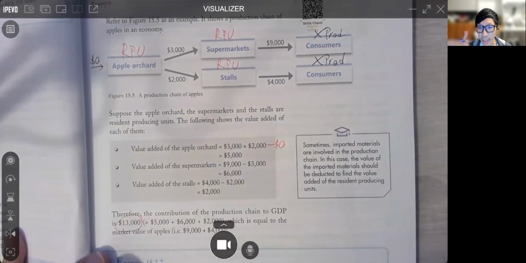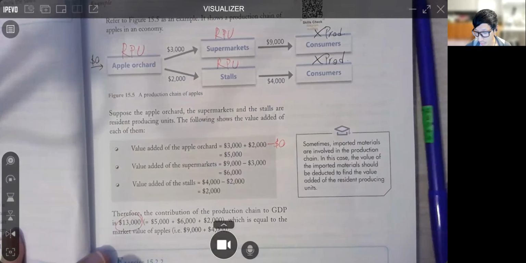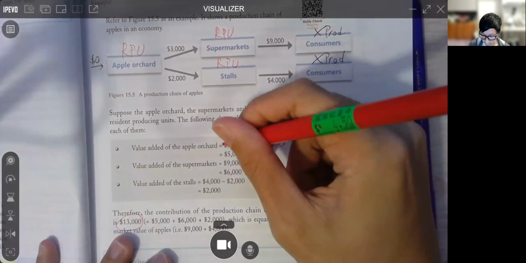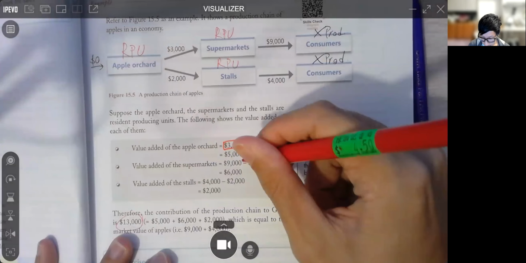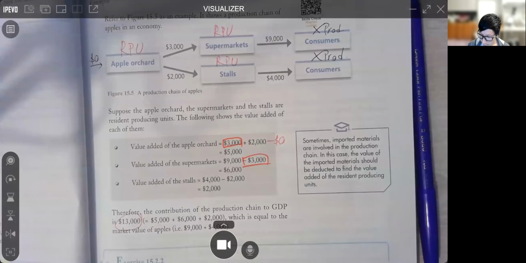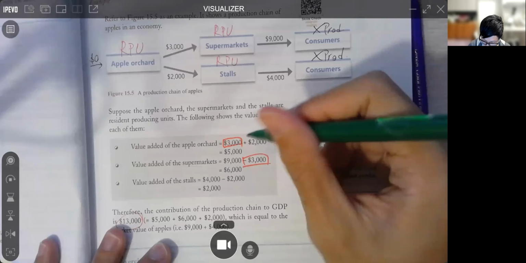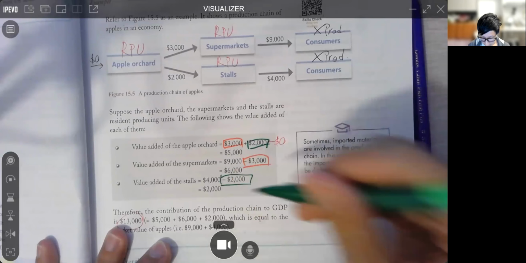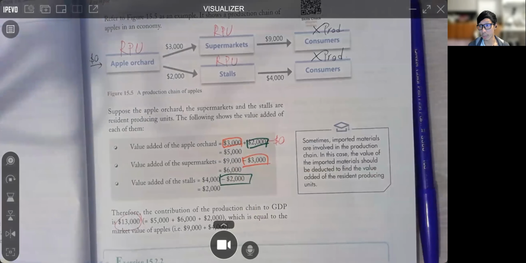Now here, immediately, I want you to pay attention to these numbers. I want you to look at something, I will highlight a bit. 3000 minus 3000, and here 2000 minus 2000. Sir, why are you highlighting that?